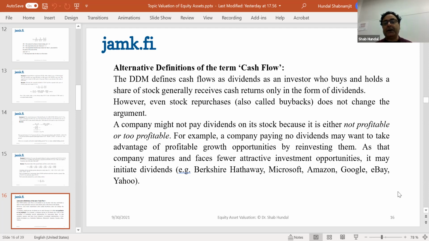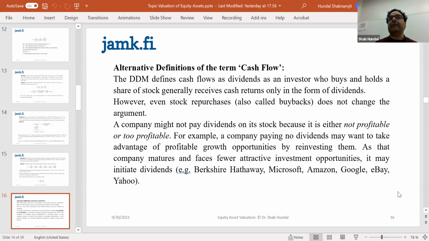A company might not pay dividends on its stock for good reasons or bad reasons. First let me tell you the bad reason. The bad reason is that the company is so unprofitable that it doesn't have money to pay dividends. The good reason is that the company is seeing huge prospects of future growth.